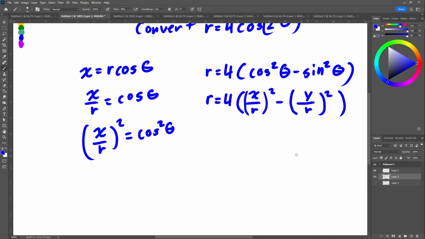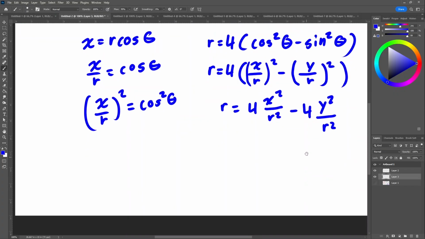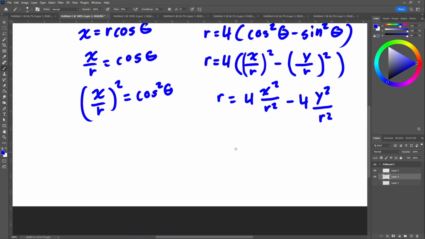From here, we can just distribute it out. r is equal to 4x squared over r squared minus 4y squared over r squared. I think you can see where we go from here. Multiply both sides by r squared. We get r cubed is equal to 4x squared minus 4y squared.